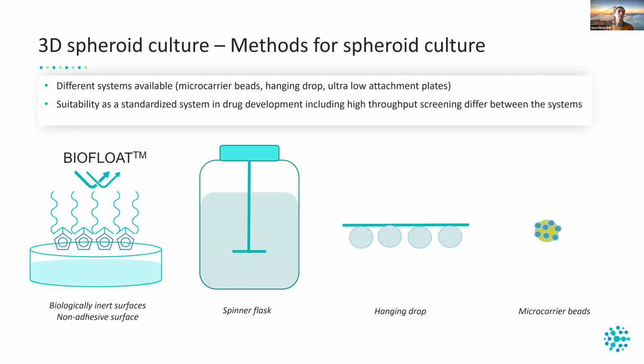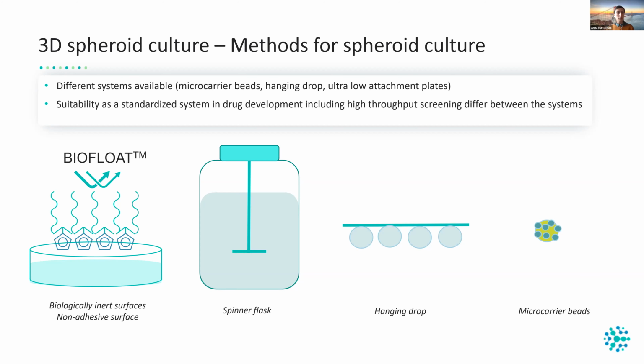There are different systems available to culture such spheroids, but they differ in their suitability as a standardized system in drug development, including high-throughput screening. For example, you can culture your cells on biologically inert surfaces, which are cell and protein repellent, and force the cells to aggregate and form a spheroid.